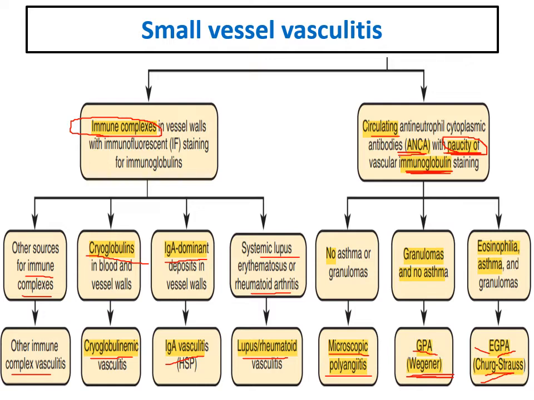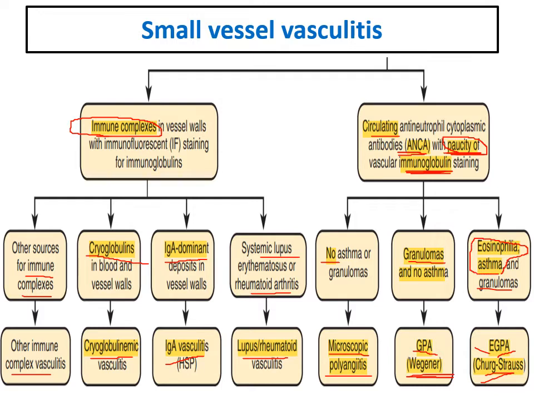They are divided according to whether there is granuloma formation. In microscopic polyangiitis, there is no granuloma formation, while in Wegener and Churg-Strauss there are granulomas. But in Churg-Strauss there is also asthma and eosinophilia.